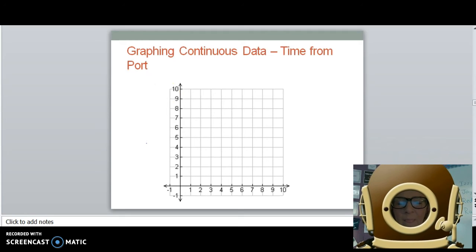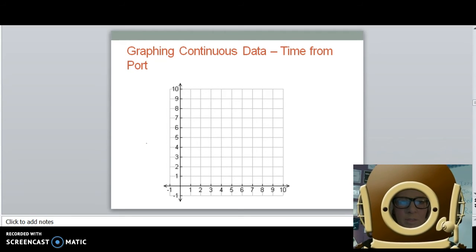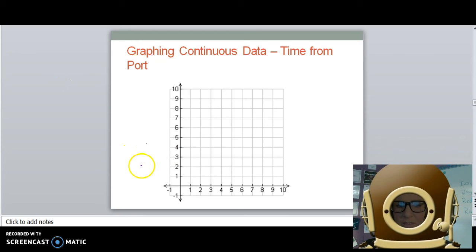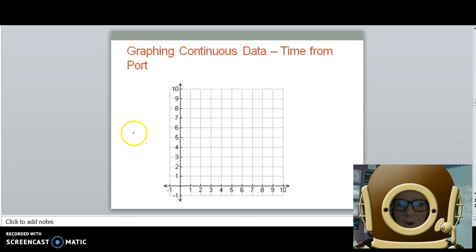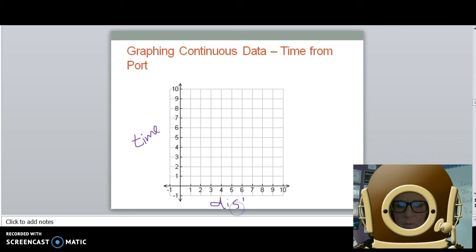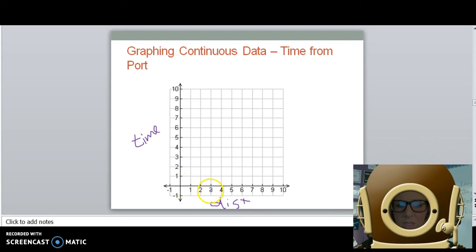So for example, if you were to take your submarine away from the port, because we all have submarines, and you were to graph your time versus your distance, so we can use our y-axis for time and our x-axis for distance you've traveled from the port. So maybe these can also be represented by hundreds, so 100, 200, 300, 400, so on and so forth.